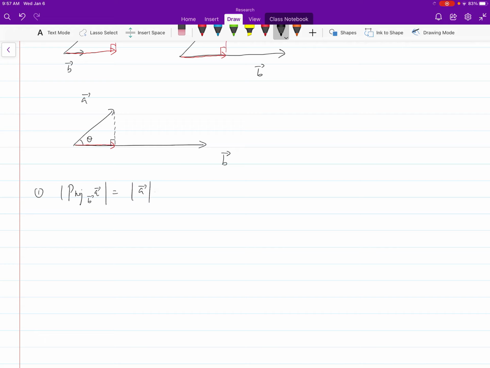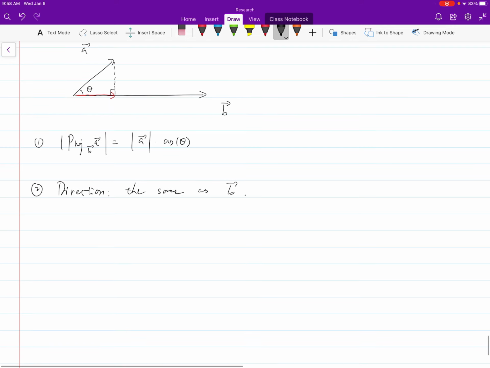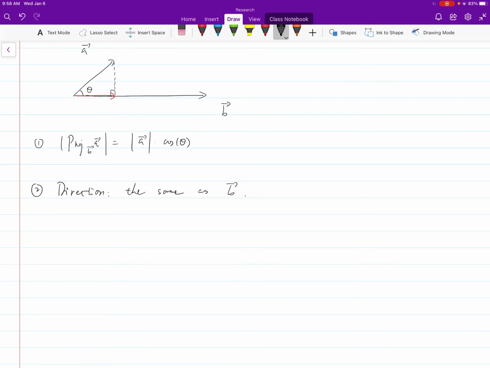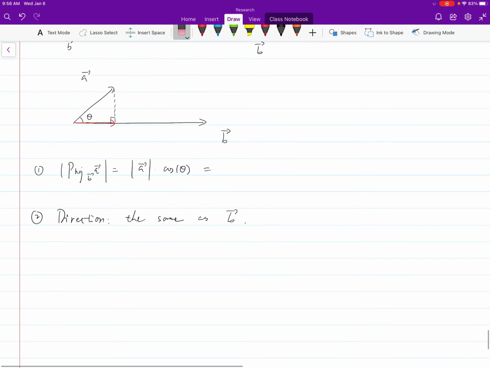How long is it? It's going to be this one times cosine theta, according to right triangle trigonometry. Number two, what's the direction? The direction should be in the direction of B. With that, can you do the formula? Well, easily. Number one, what is this? This is going to be the length of A times cosine theta.